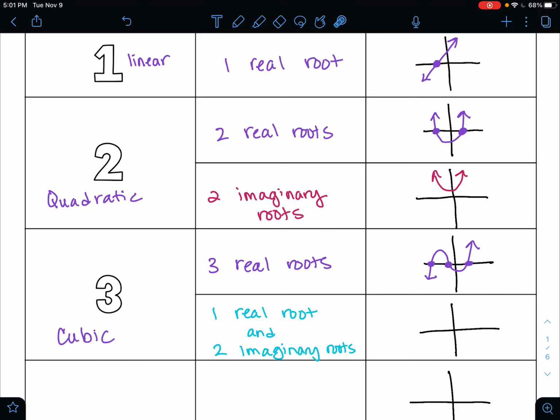Your imaginary number needs an imaginary friend. So your imaginary solutions are always going to be in pairs. They're always going to be even numbers every single time. So a cubic function that has one real root and two imaginary roots might look something like this, where it is only crossing your x-axis once, and then your other two roots are imaginary.